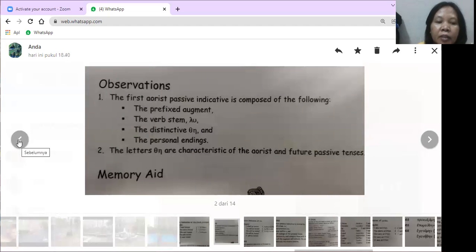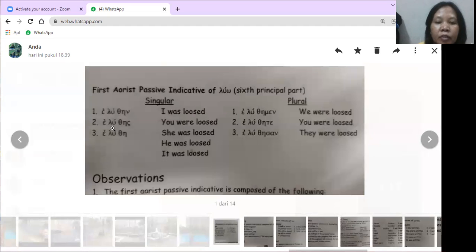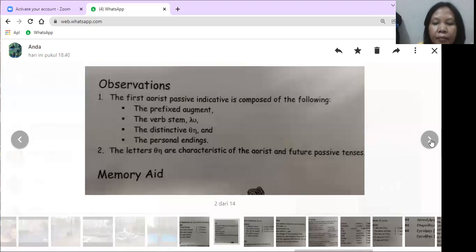We see it in the first picture. The letter theta is characteristic of the aorist and future passive tense.